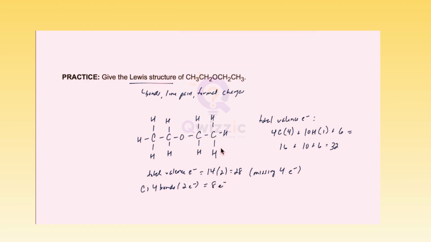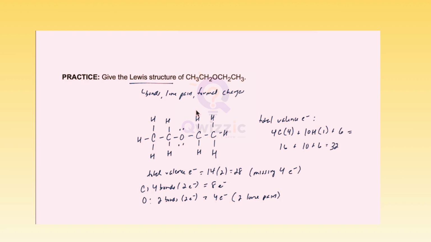So they've got a complete octet. But our oxygen only has 2 bonds. So 2 bonds multiplied by 2 electrons equals 4 electrons. So our oxygen must have 2 lone pairs, since there are 4 more electrons. Well, there's the missing 4 electrons that we need. So put 2 lone pairs on our oxygen.